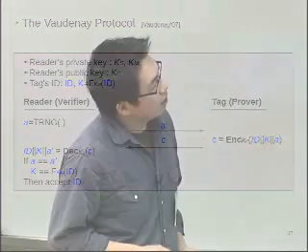There's another one proposed by Vaudenay in the year 2007. I'm not going to go through the protocol again, but the basic idea is that the tag also does one encryption, but the encryption is a random encryption. It's a probabilistic encryption, not deterministic.